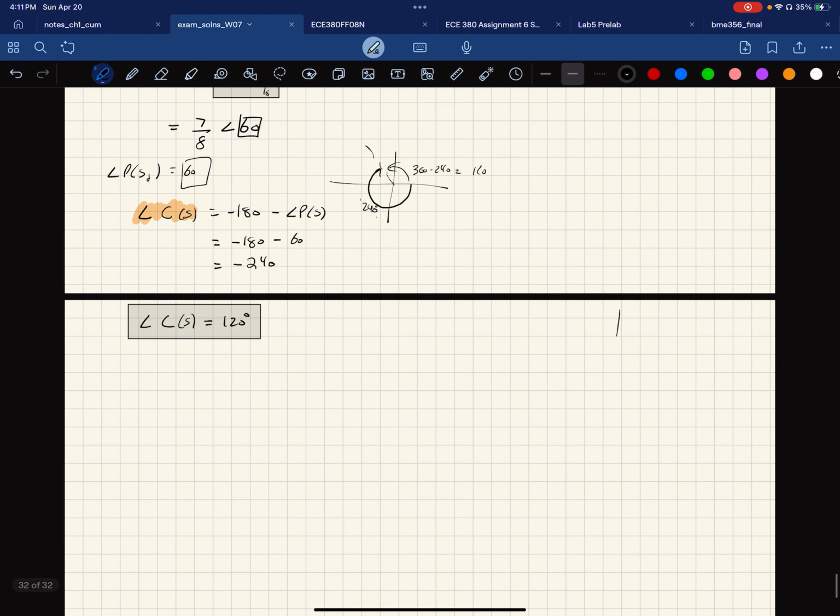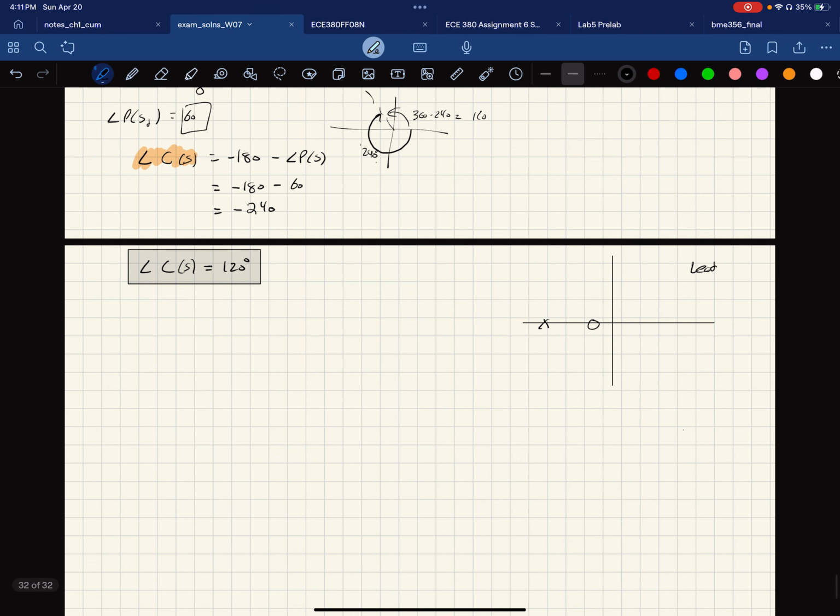Fair, cool. My understanding, which could be flawed because I went to no lectures, says that a lead compensator is like this, and a lag compensator is like this. And the pole leads the zero in a lead compensator, and a lag means that the pole lags behind the zero in the lag compensator.